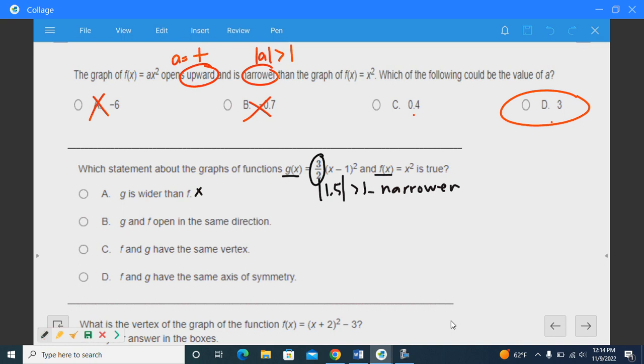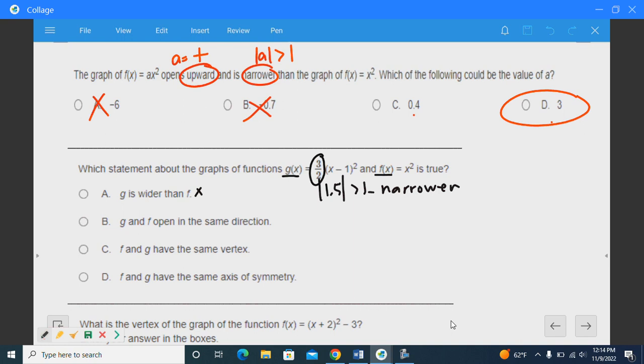Negative 3. Next, what is the axis of symmetry of the graph of the function? Again, look at h, and that will give us x is equal to 1. Here again, find the vertex. Identify the vertex. Okay, don't mind the y-intercept. The graph of f of x is equal to negative x plus 2 squared plus 3.